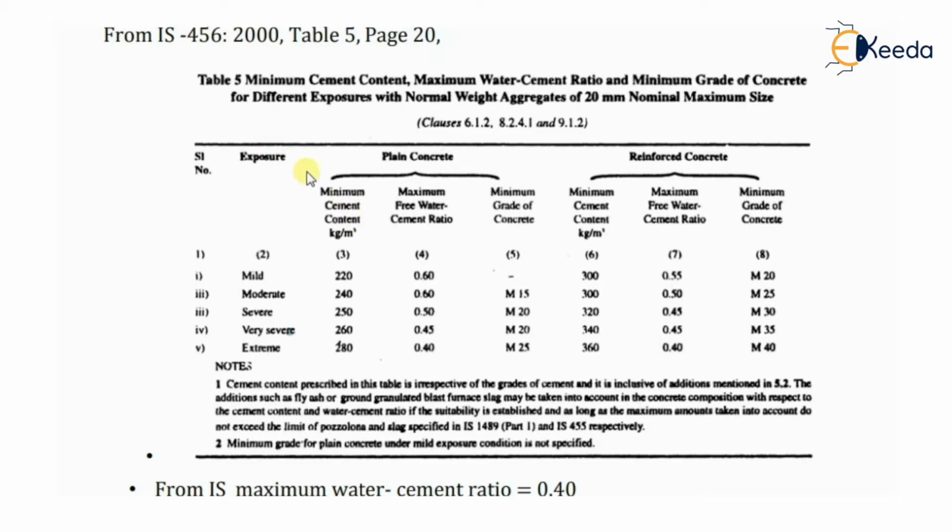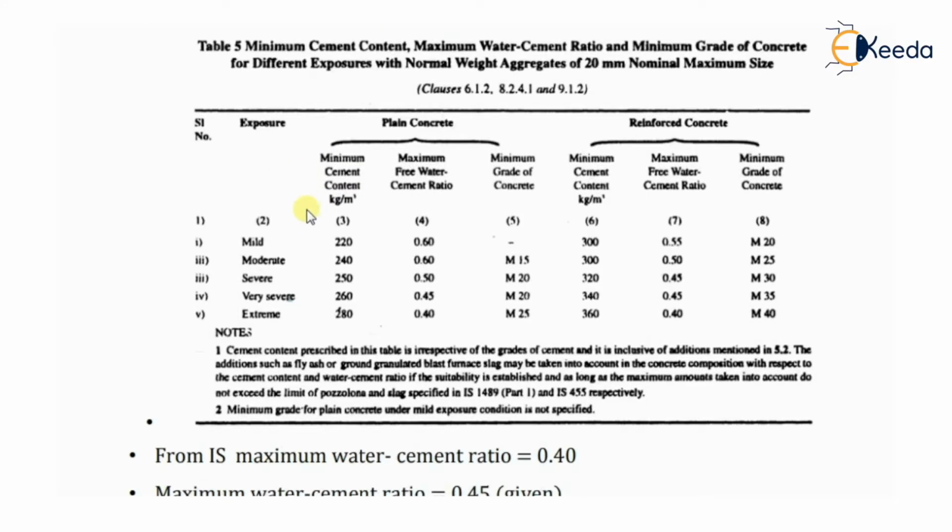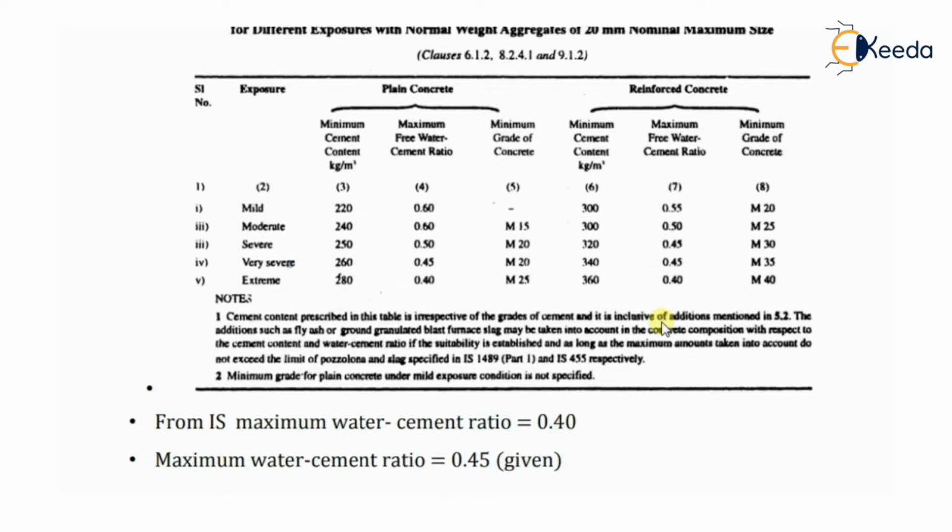From the IS code, maximum water cement ratio is 0.40 for M40 grade of concrete, since we have to design the M40 grade of concrete. Then they have also given severe condition.